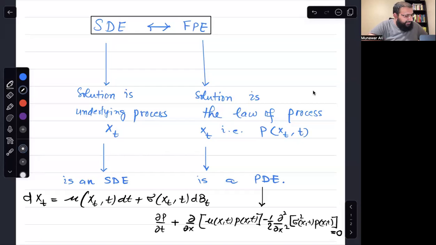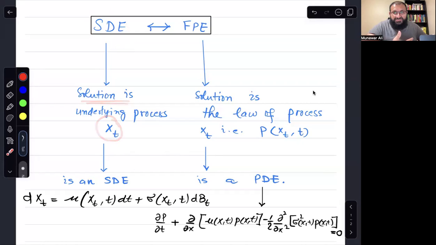So in this video, we are going to build a connection between stochastic differential equation and the corresponding Fokker-Planck equation. So we know that we have an SDE and the solution of this SDE is the underlying process XT.